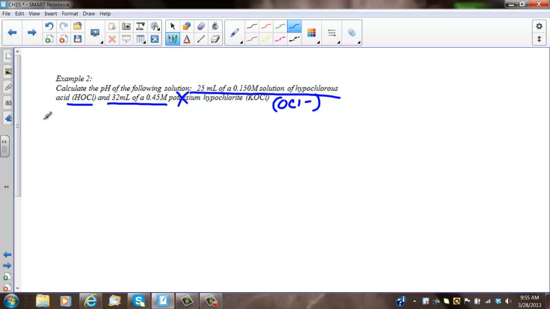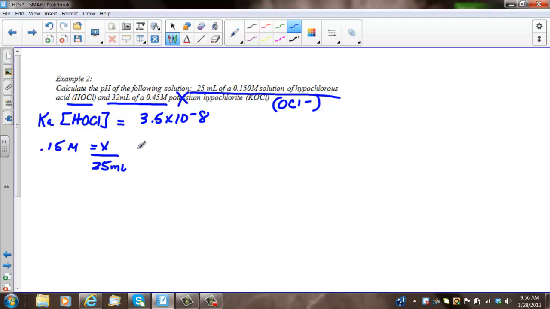First of all, we need the Ka for hypochlorous acid, so the Ka of HOCl, when we look it up in the back of the book, is 3.5 times 10 to the minus 8. We need to see if we have a true buffer system here. We have 0.15 molar solution of hypochlorous acid, and that's 25 mils.